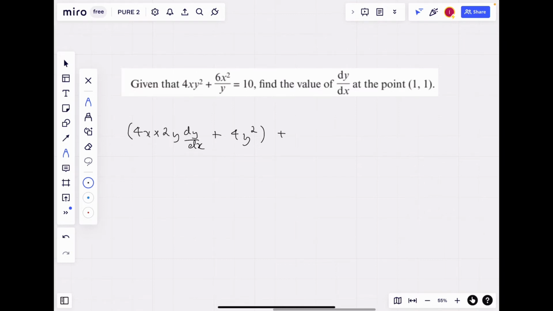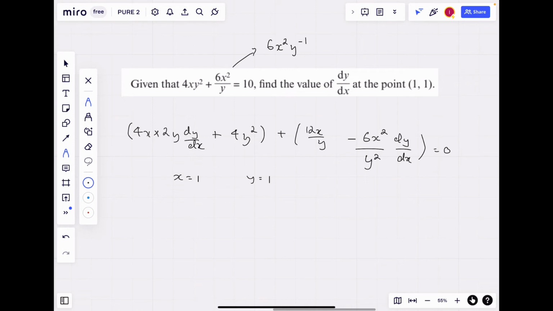What you want to do here is rewrite this as 6x squared y to the power of minus 1, and then you can use the product rule. After using the product rule, you should get 12x over y minus 6x squared over y squared dy by dx equals 0. Okay, you have your coordinates, x equals 1 and y equals 1.